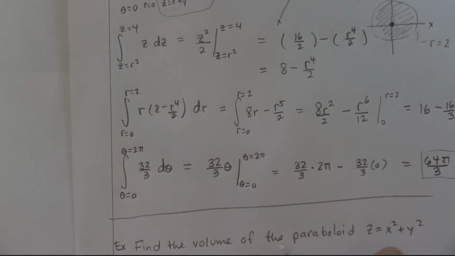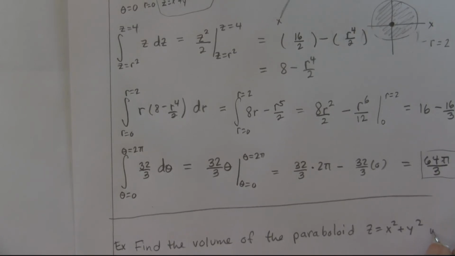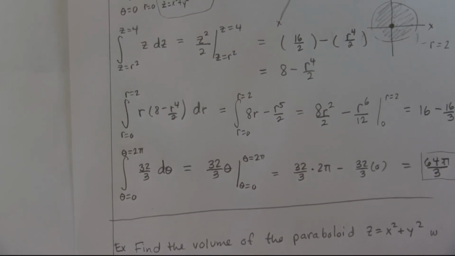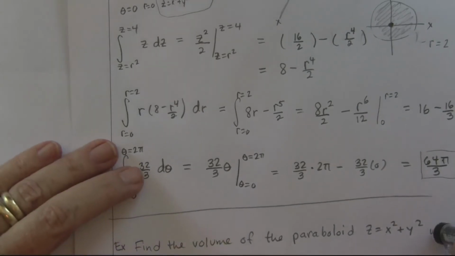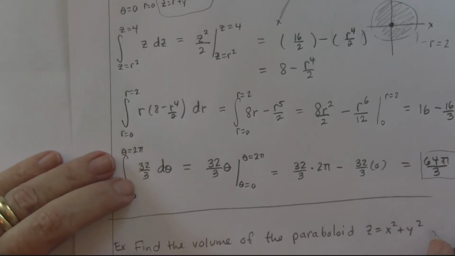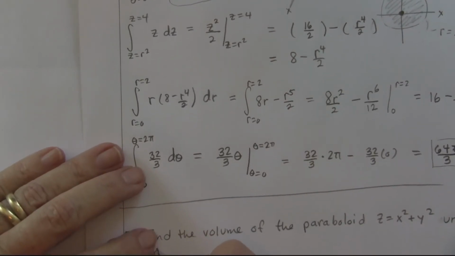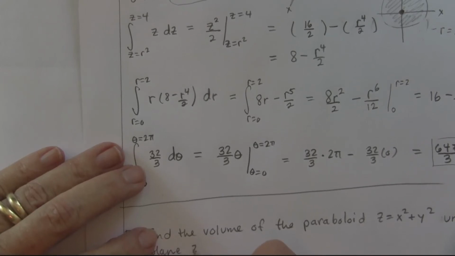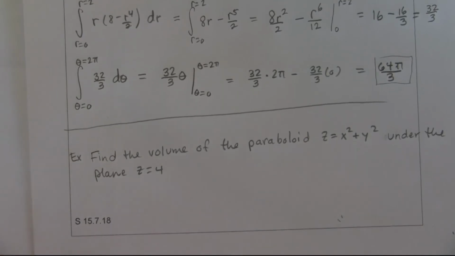I want just the part under the plane z equals 4. We're only going to set it up. So I made a new example. Find the volume of the paraboloid.